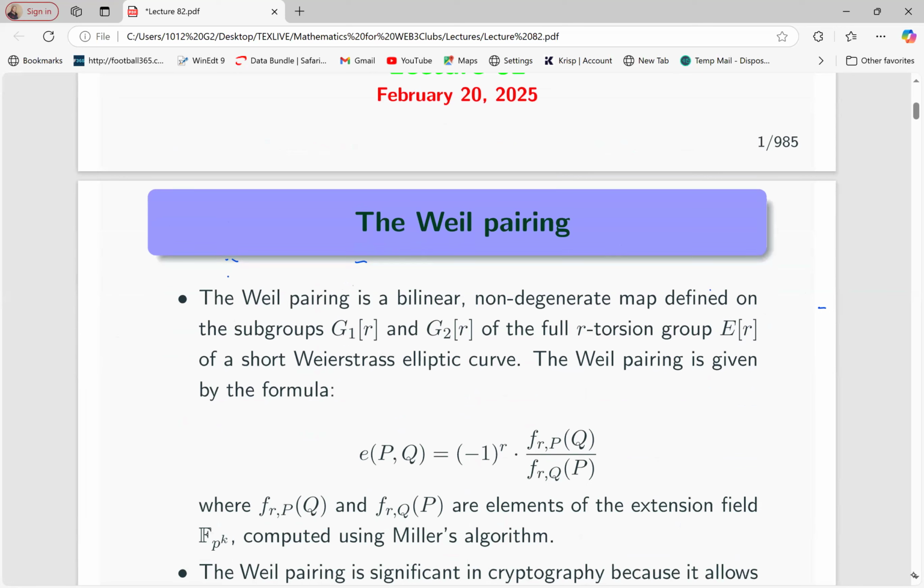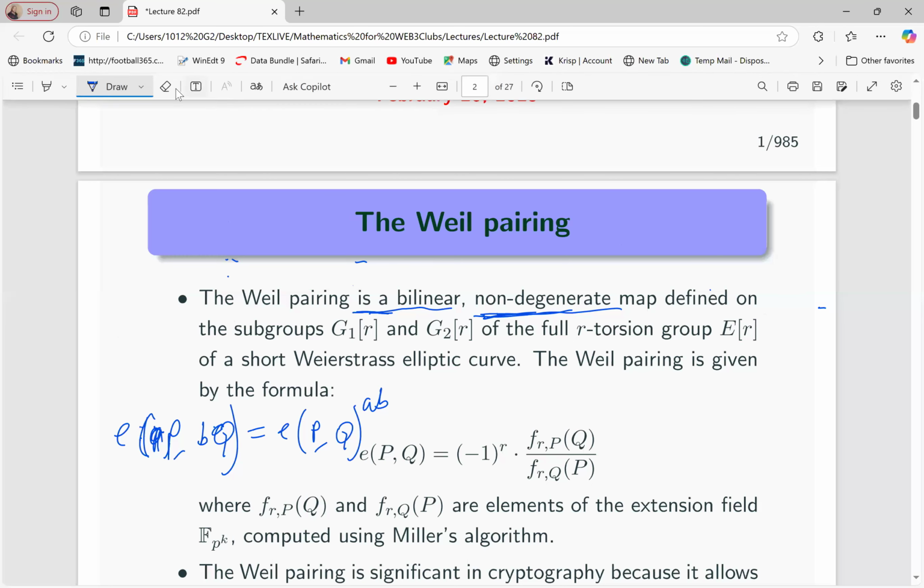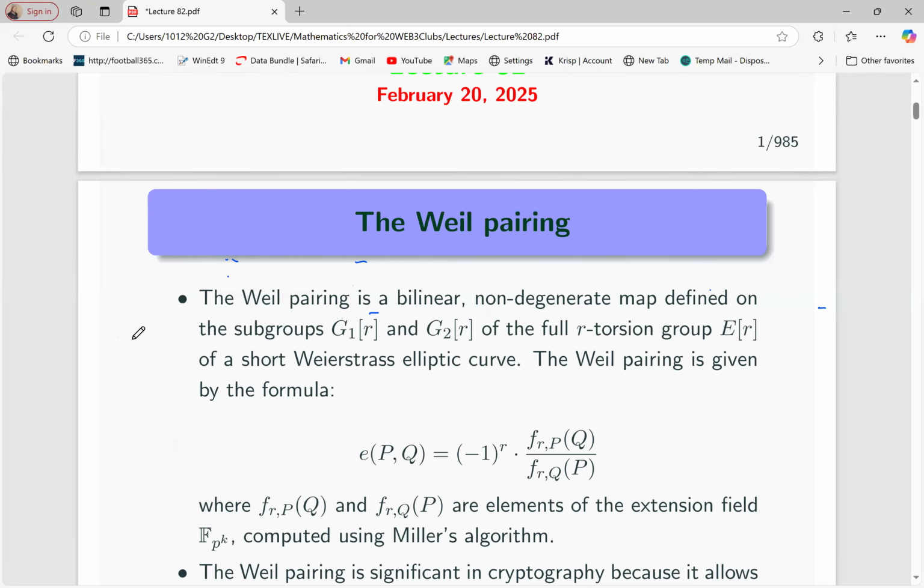This is what bilinearity means. And non-degenerate is important because it ensures that we do not have non-identity elements being mapped to identity elements. So if P is not an identity element, we don't expect it to be mapped to identity. Those are the definitions of the pairing as we were beginning.